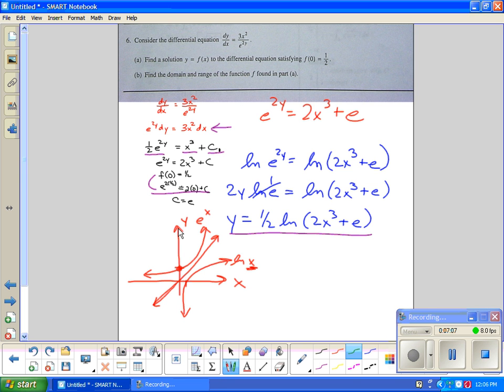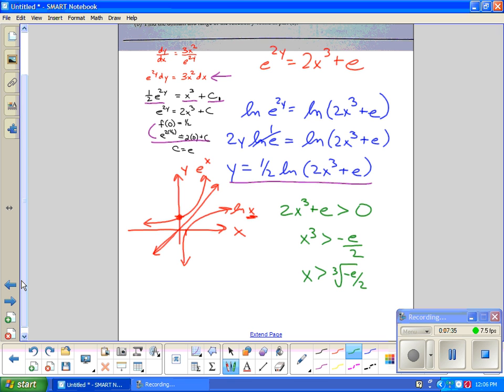So find the range and domain. We know 2x cubed plus e has to be greater than 0. So now it just becomes solving this. Move e to the other side and divide by 2. You guys agree that's negative e over 2? And then take the cube root. So x is greater than the cube root of negative e over 2, which is allowable because it's a cube, right?